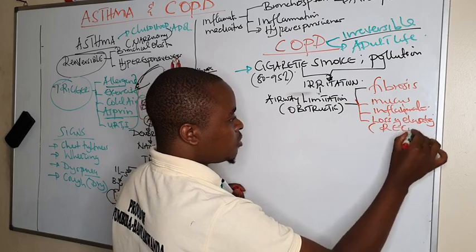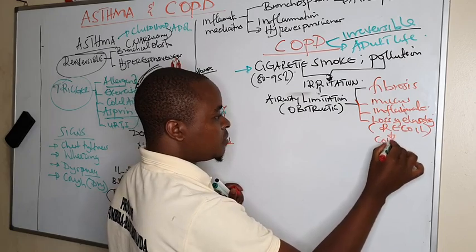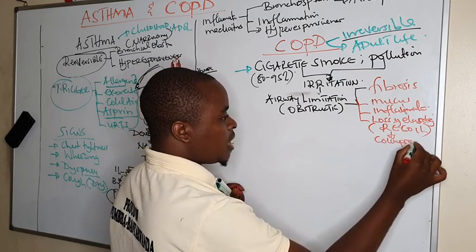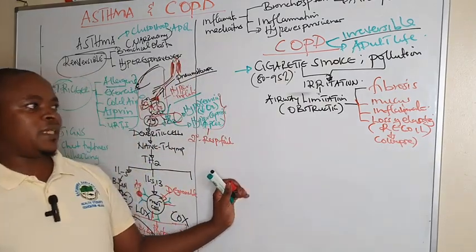So there is loss of recoiling of the lung, which results in collapse. So these airways collapse due to loss of elasticity.